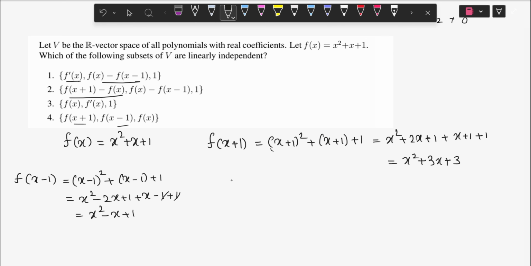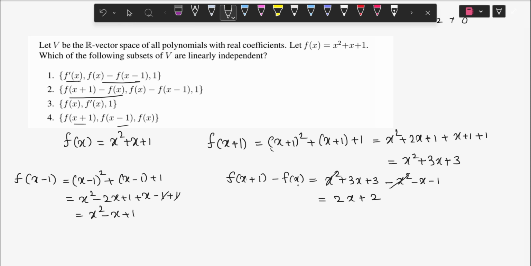Now let's calculate f of x plus 1 minus fx, which is equal to x square plus 3x plus 3 minus x square minus x minus 1. So which is equal to 2x plus 2. Okay.